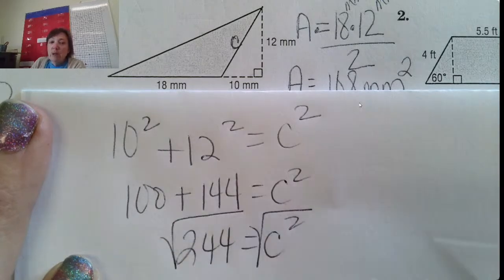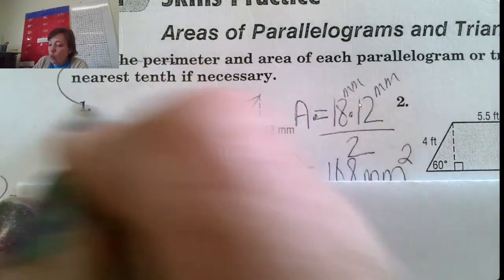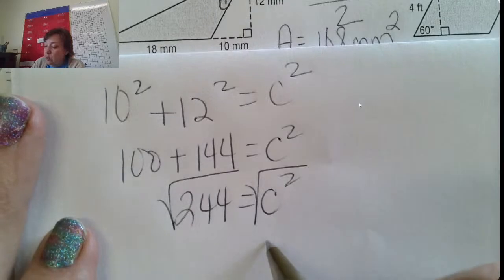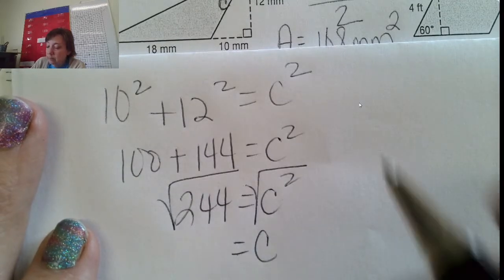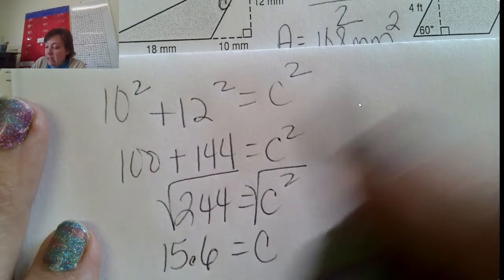Now, because in the directions this says round to the nearest tenth, we can just plug square root of 244 in our calculator, get an approximate answer, and round that, right? So we put in square root of 244, what do we get? 15.6. So that's an approximate answer.